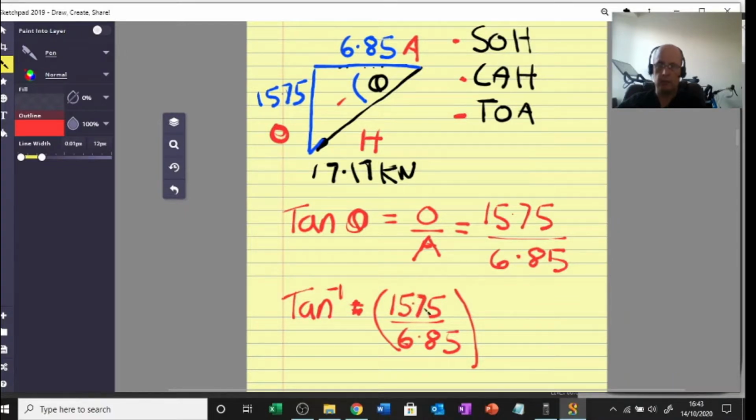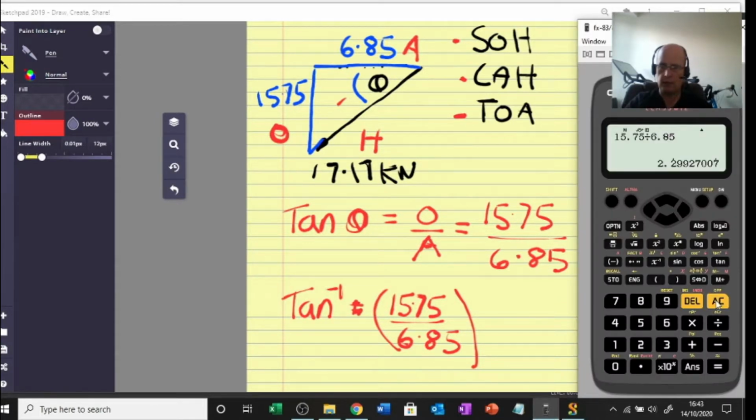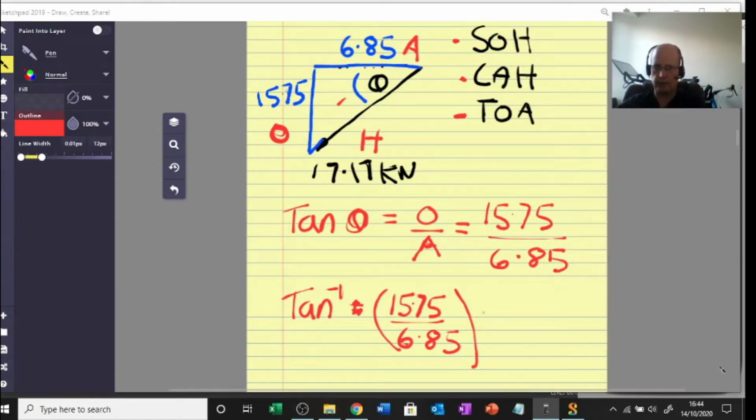So make sure you do that, because it makes me sad if you don't, because you'll be wrong. So what you've got to do is this: shift, tan, and then do 15.75 over 6.85. Leave the bracket perhaps like that. Press the button. 66 degrees. 66.5, say.